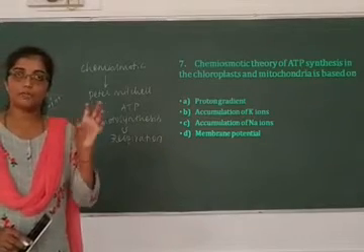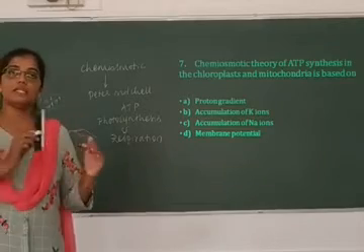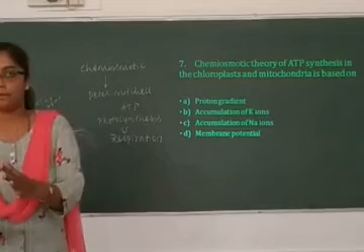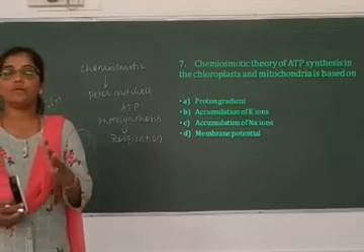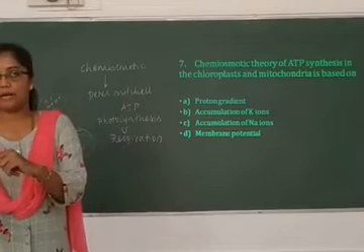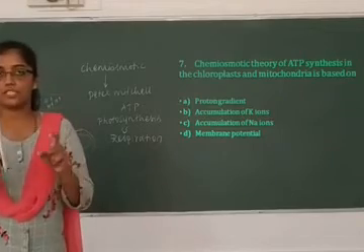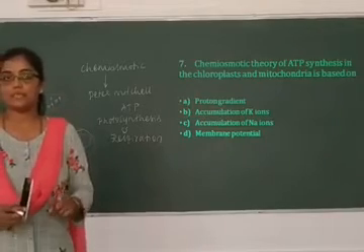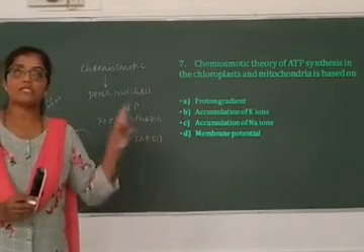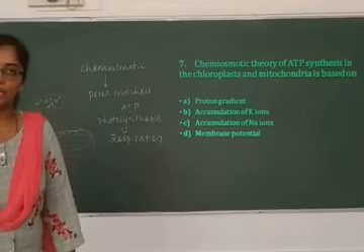When the protons accumulate in the thylakoid lumen or in the intermembrane space, they need to be pumped back. When the protons are being pumped back into the matrix of the chloroplast or the mitochondrial matrix, the F0, F1 particle which is present on the membrane gets activated. It has the ATP synthetase activity and it combines a molecule of ADP with inorganic phosphate, resulting in the synthesis of ATP.